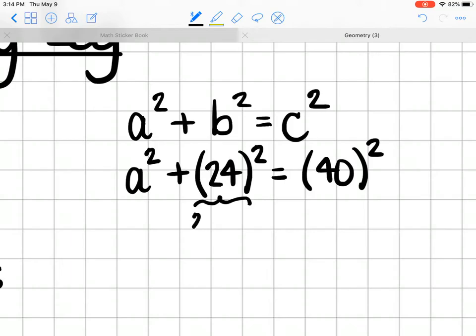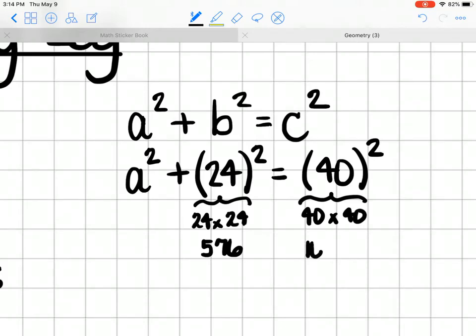The first thing I need to do is 24 times itself, which is 576. And then 40 times itself is 1600, I do believe.